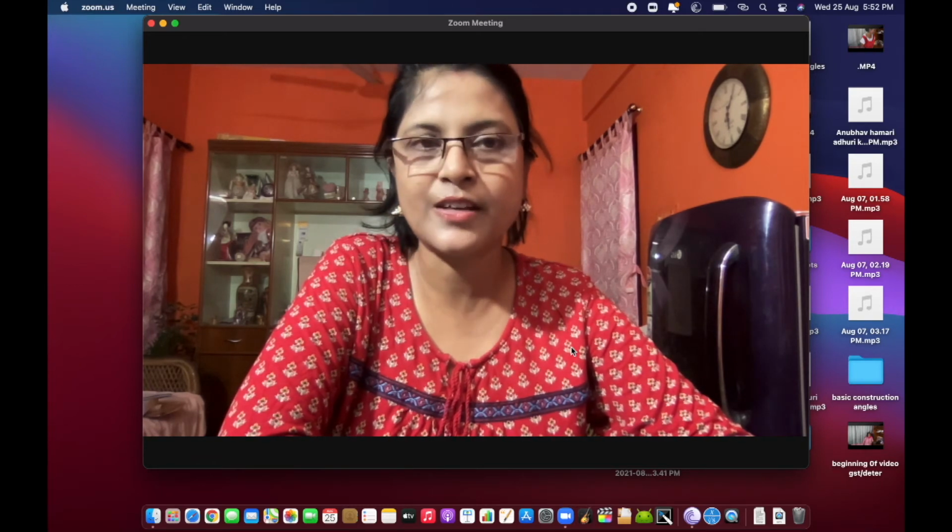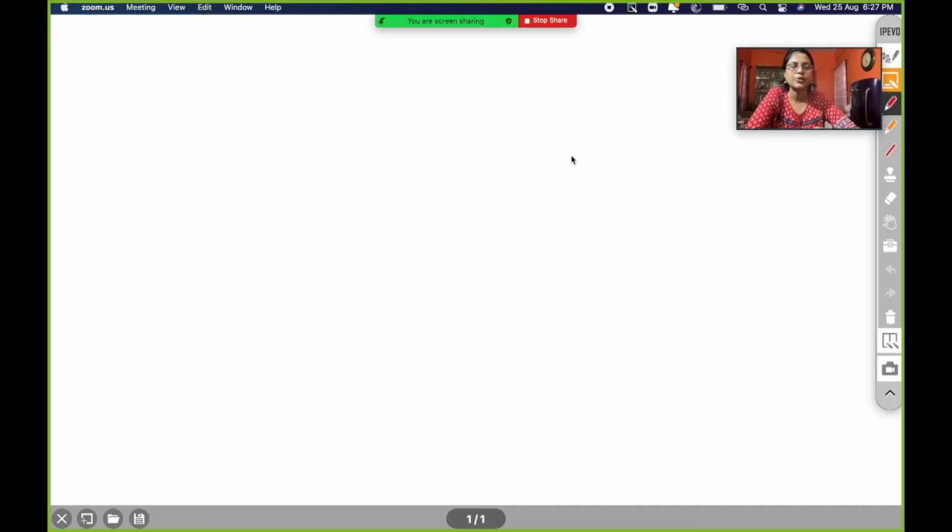So let's get started. In order to locate a point in space, we need the three coordinate axes: x-axis, y-axis and the z-axis. These three axes are mutually perpendicular to one another. Let me draw them first. Now, here I have drawn the three axes.